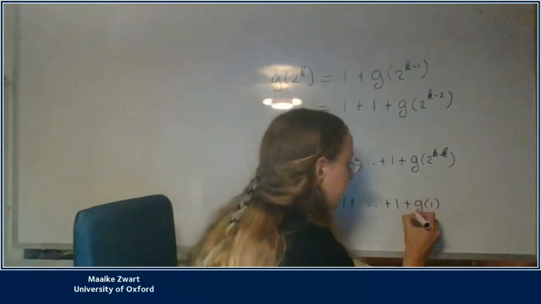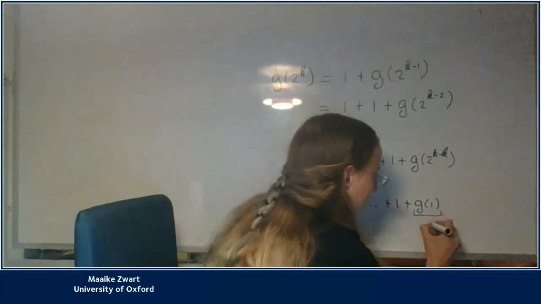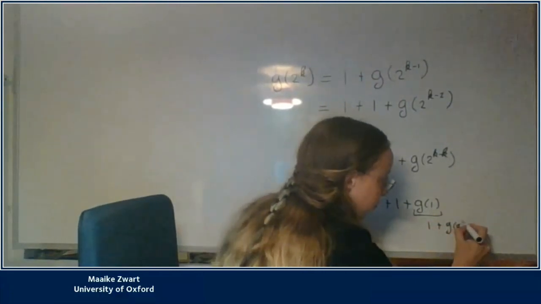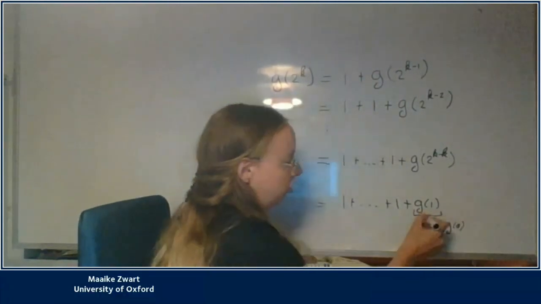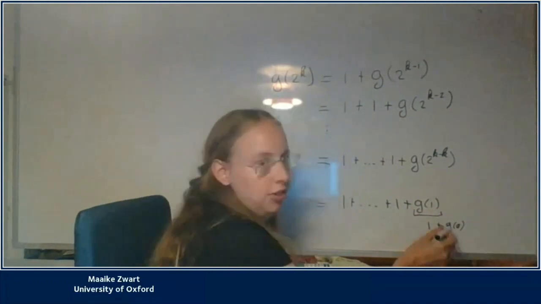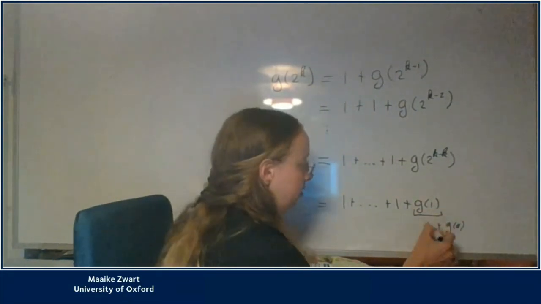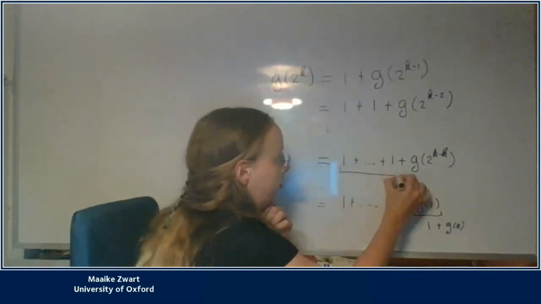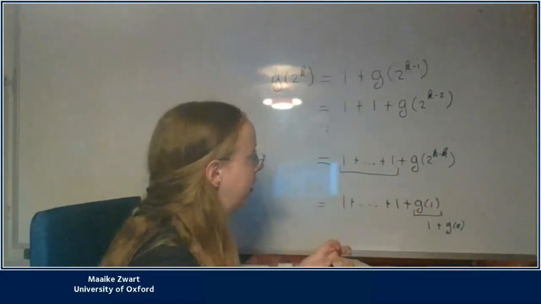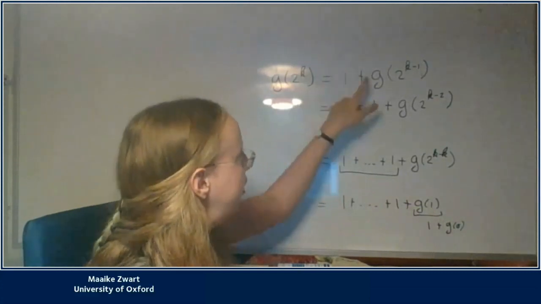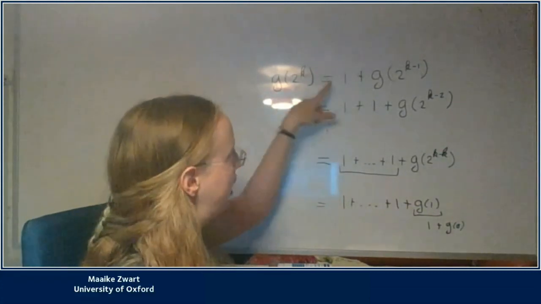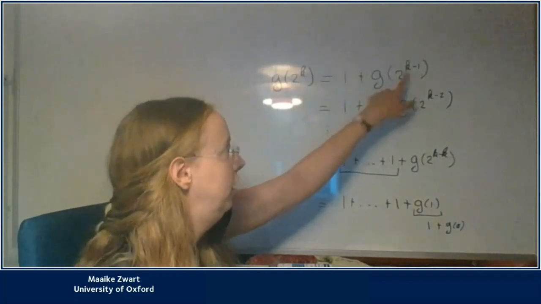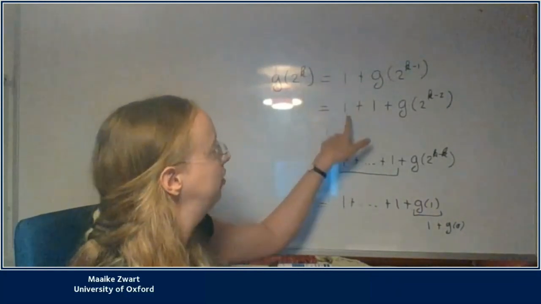And I know that this is going to be 1 plus g of 0 from the function. So that is just 1, because g of 0 is 0. But now the question is really, how many 1s do we have over here? Well, for each iteration, I'm adding 1. So when I went from k to k minus 1, I got a 1 on the front.